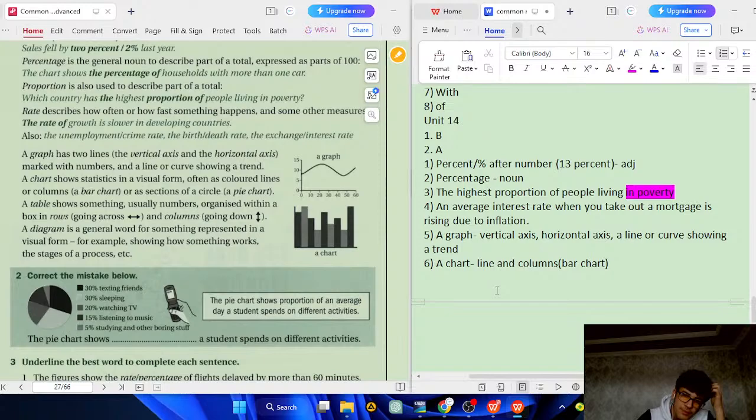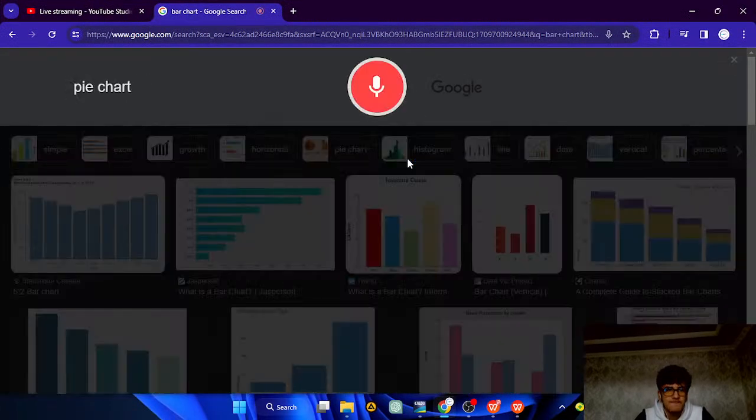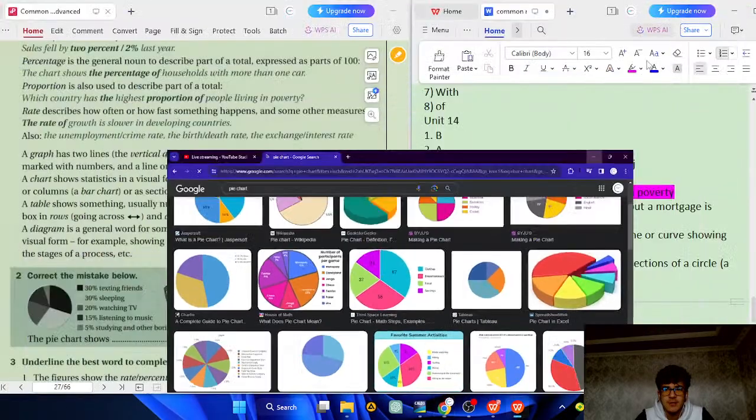Bar charts or sections of a circle is a pie chart. Right? Pie chart. Okay, this is a pie chart.